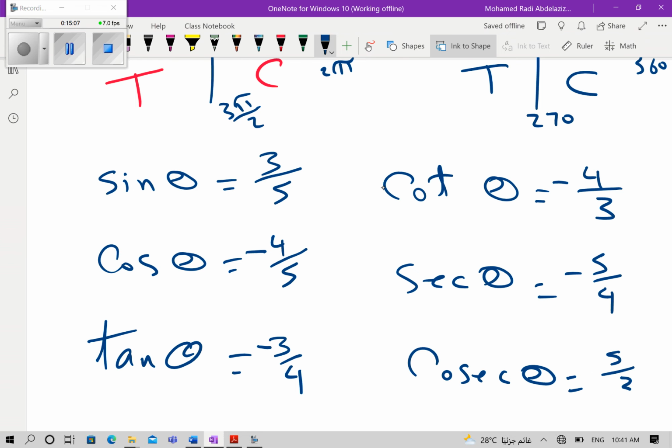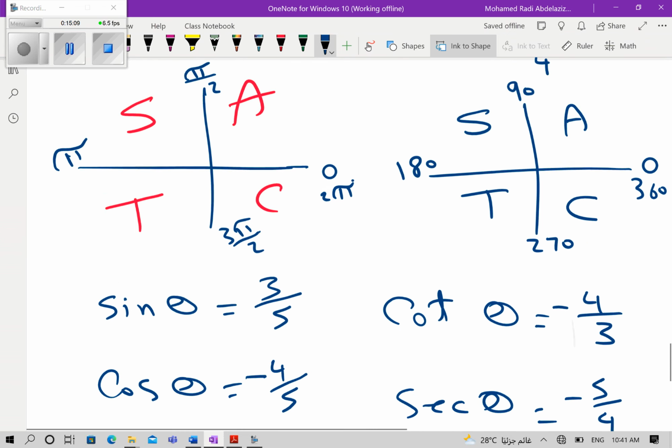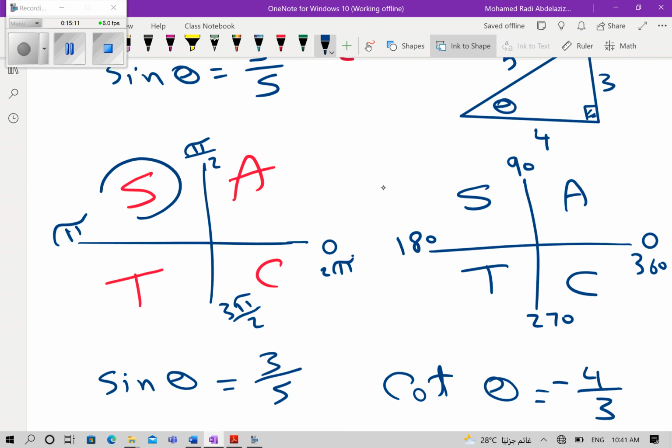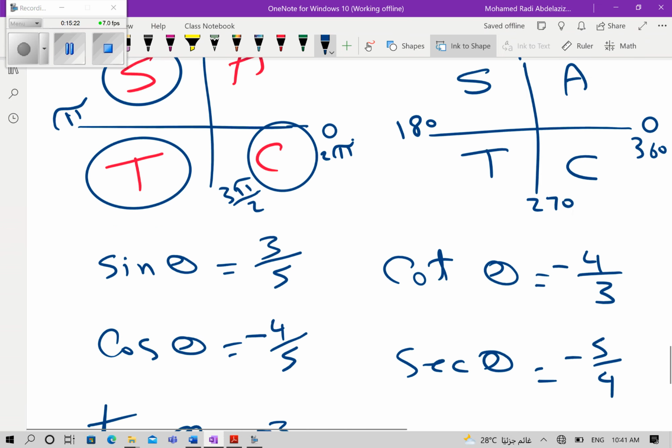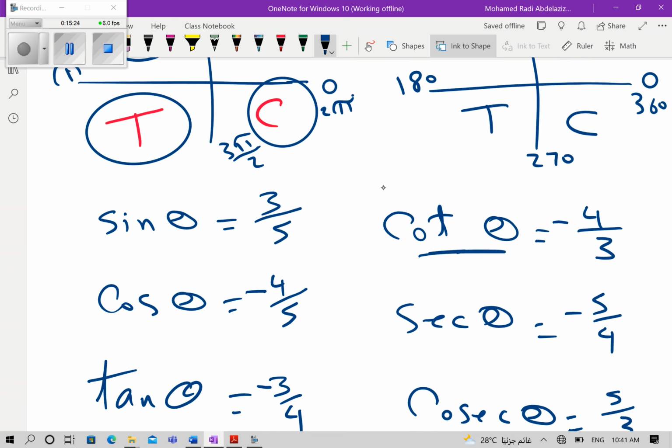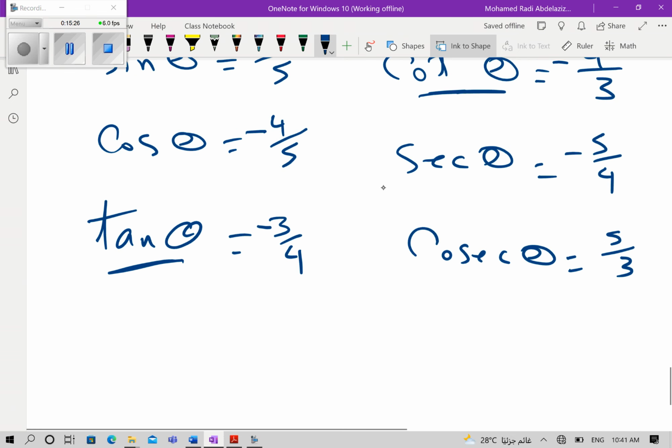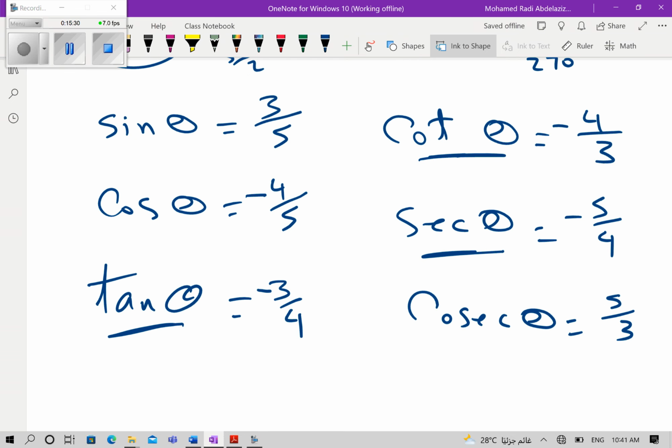Sine and its reciprocal have the same sign, tan and its reciprocal, cosine and its reciprocal. So why did we keep the negative sign for cotan? Because cotan and tan have the same sign. Sec has the same sign as cosine. Cosec, reciprocal of sine, so the same sign.